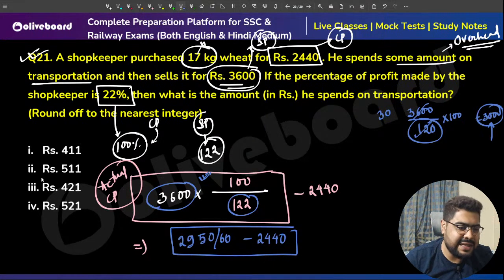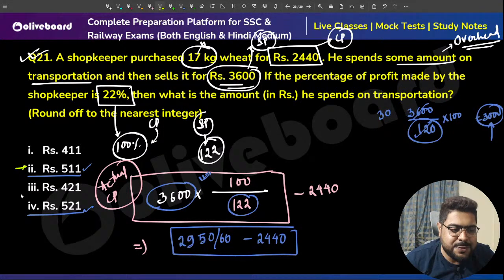Now you need to do a little bit of calculation. Either this is the answer or this is the answer, either second option or fourth option. Which among them?